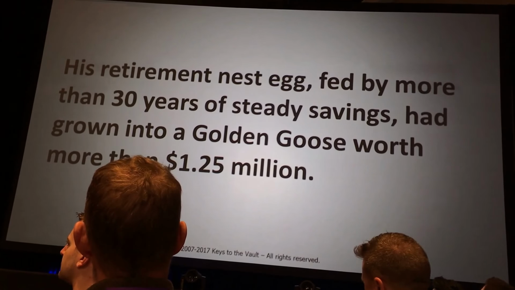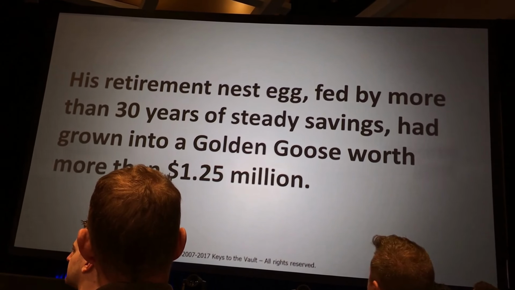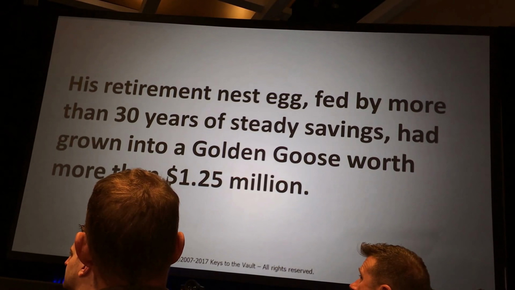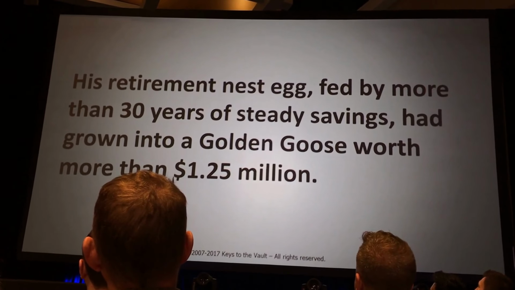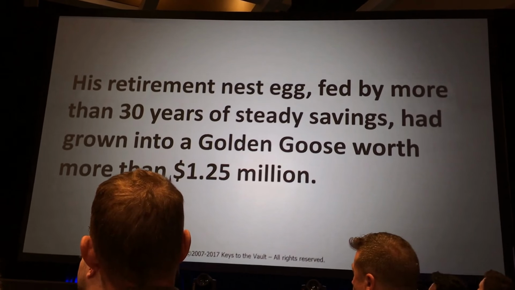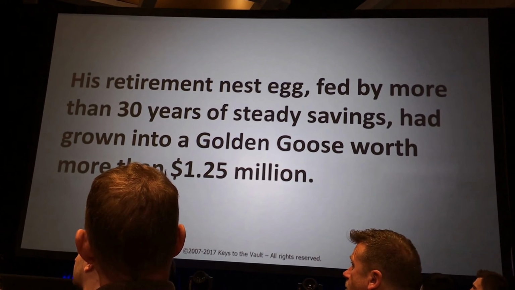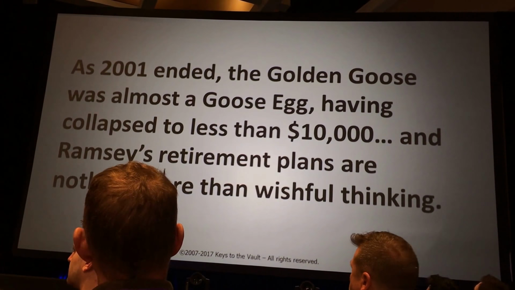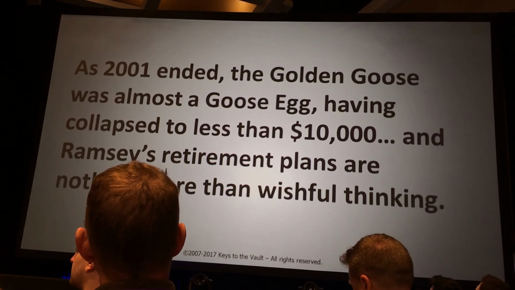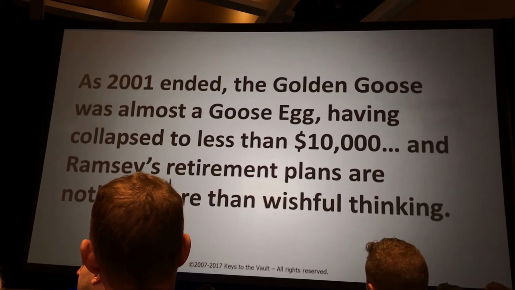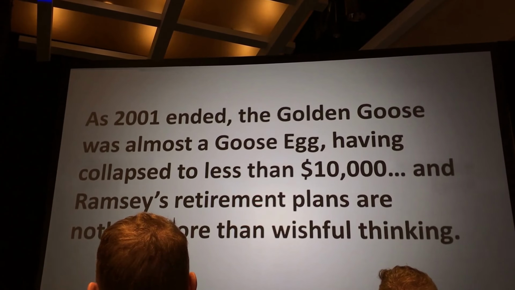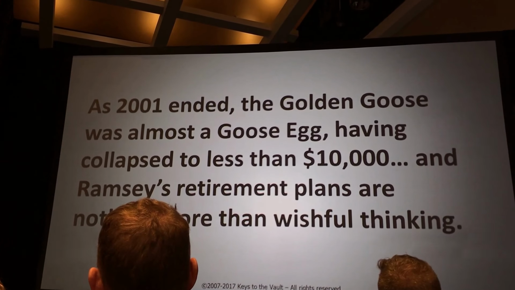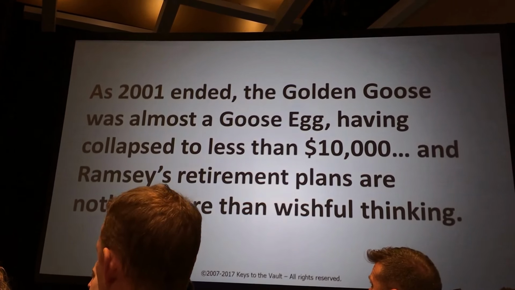His retirement nest egg, fed by more than 30 years of steady savings, had grown into a golden goose worth more than $1.25 million. As 2001 ended, the golden goose was almost a goose egg, having collapsed to less than $10,000, and Ramsey's retirement plans are nothing more than wishful thinking.